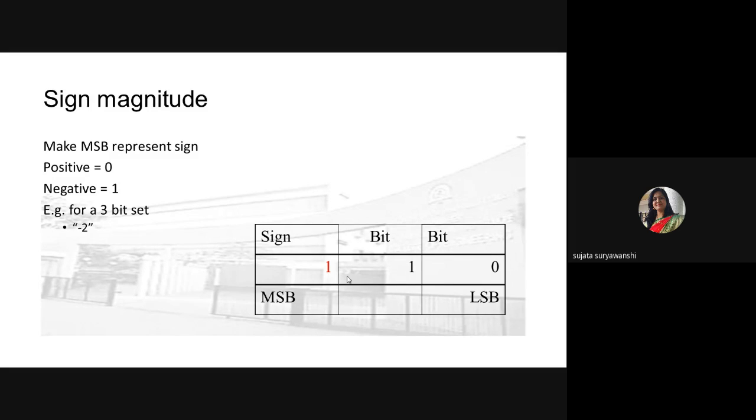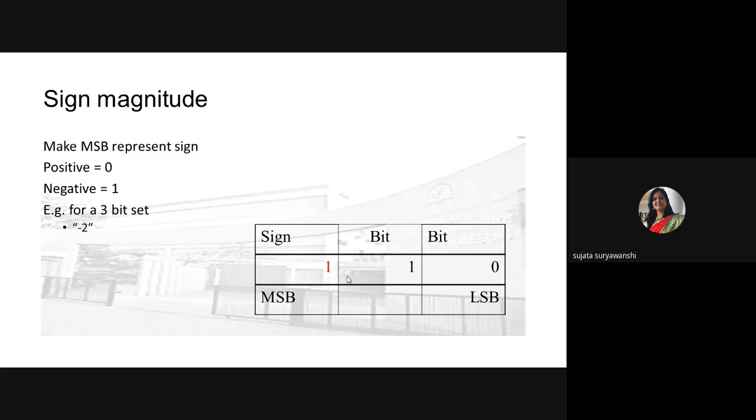In sign magnitude, the MSB bit is reserved to represent the sign of that number. Suppose you want to represent 5, then 5 can be represented by 101 in binary. But if you want to represent -5, you need one more digit, that is a 4-bit binary number, and your MSB bit shows the sign of your number.